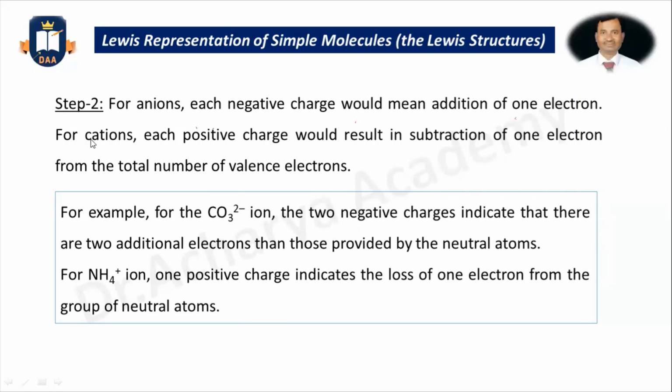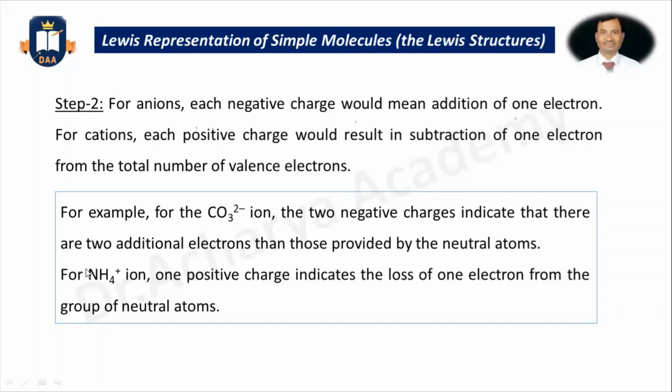And for cations, each positive charge would result in subtraction of 1 electron from the total number of valence electrons. We know from the previous class that a positive charge is formed by donating 1 electron to other atoms. So example, NH4+.